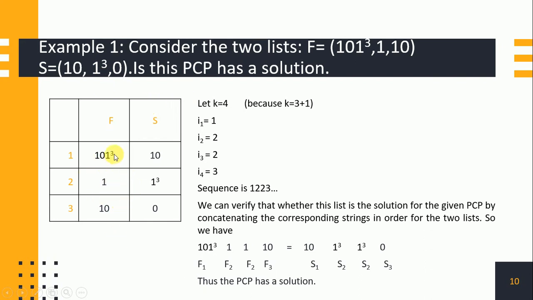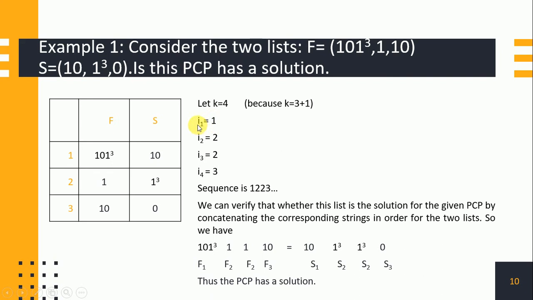After the arrangement, you need to suppose the value of k. So here the value of k is equal to 4, because n plus 1, and the count of elements is 3. So the value of n is equal to 3. 3 plus 1 is equal to 4, right? So k is equal to 4.